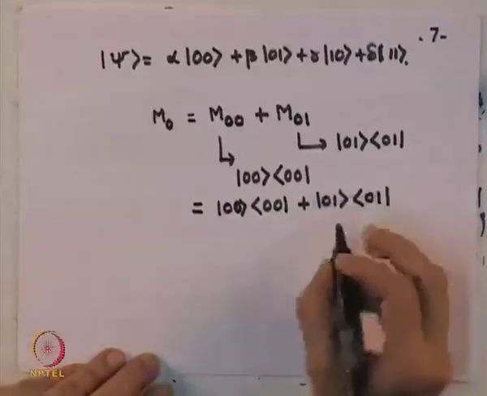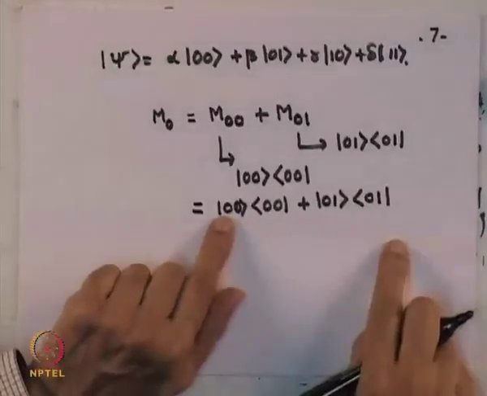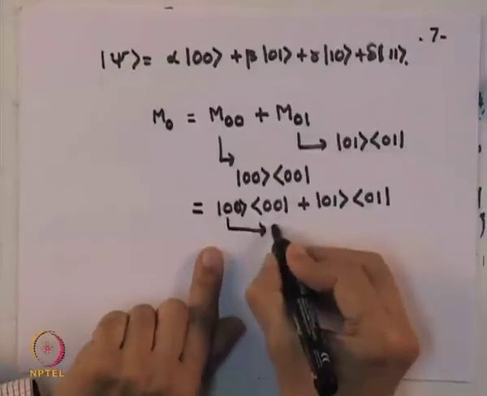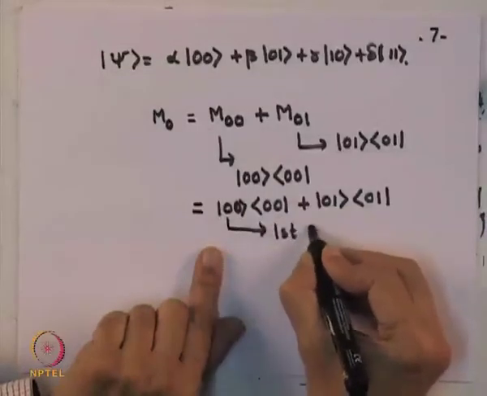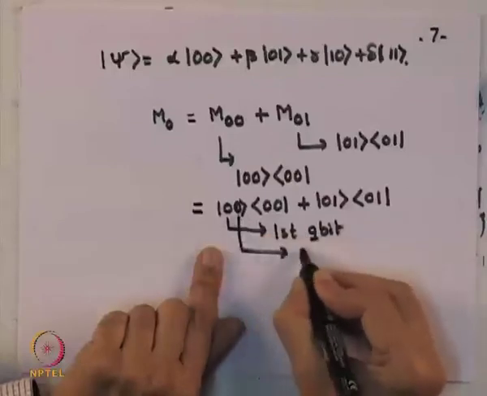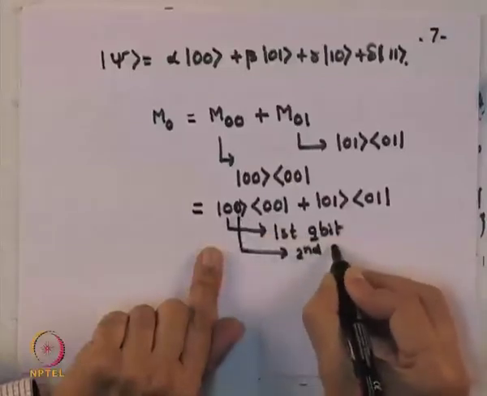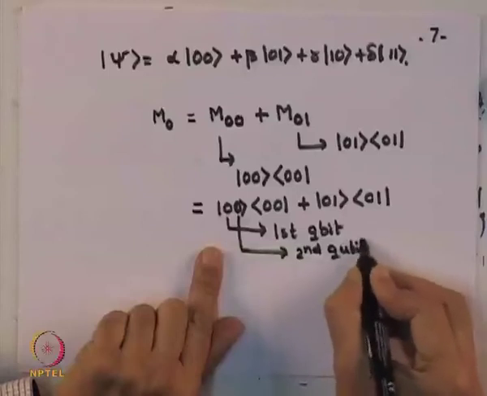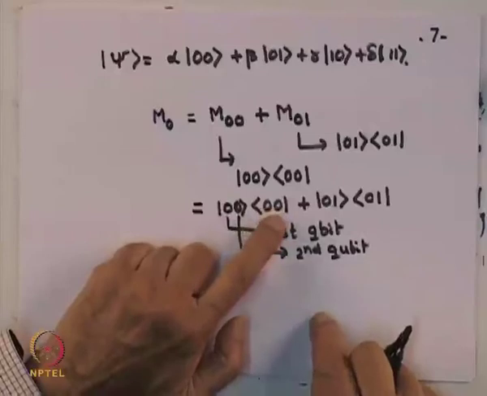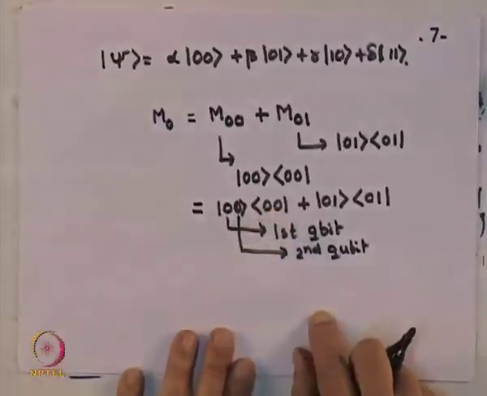You have to remember that when I write 2 qubits in this way, this is standing for the first qubit and this one is standing for the second qubit. And likewise it is true for the corresponding bra as well. But you notice one interesting thing here.